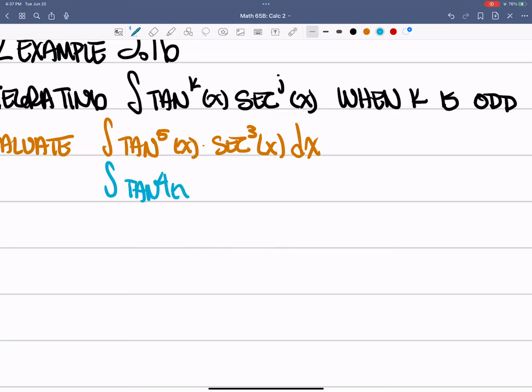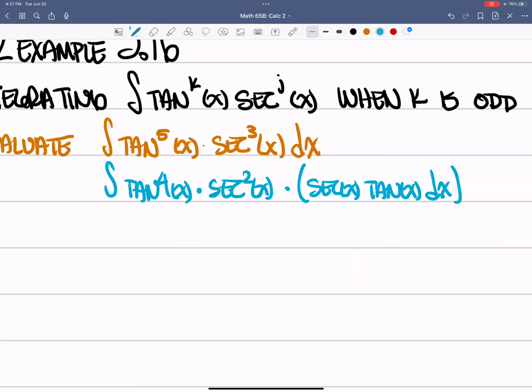Tangent to the 4th x, secant squared x, and then we're multiplying that by, in parentheses so we know it's the separate one, secant x tangent x dx.